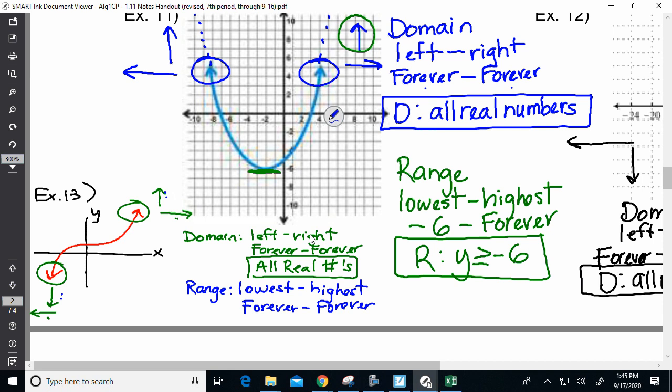So forever and forever means all real numbers. So there is a situation in which both the domain and the range are all real numbers. So it can happen.